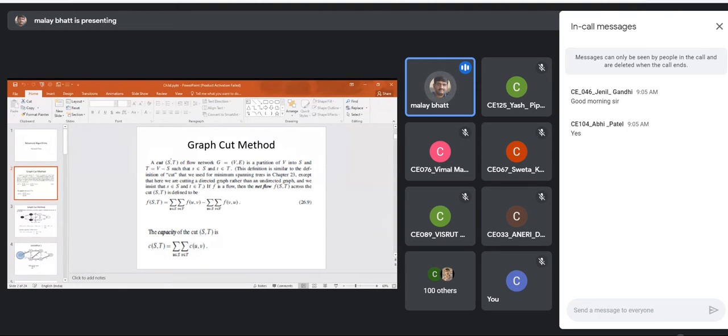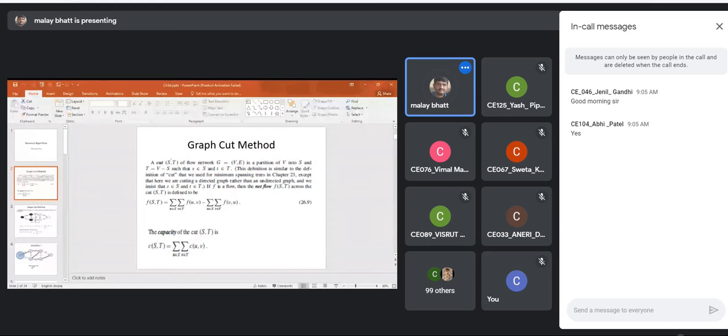If F is a flow, then the net flow across the cut is defined to be sigma u belongs to S, sigma v belongs to T, f(u, v). Basically it is the set of edges such that u belongs to S and v belongs to T, minus sigma v belongs to S, u belongs to T, f(v, u).